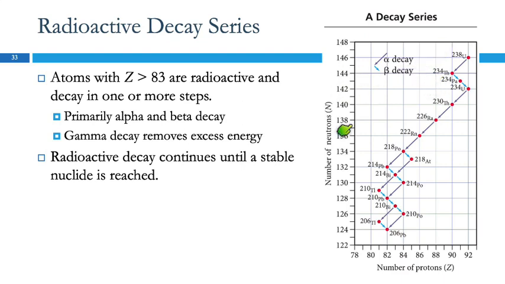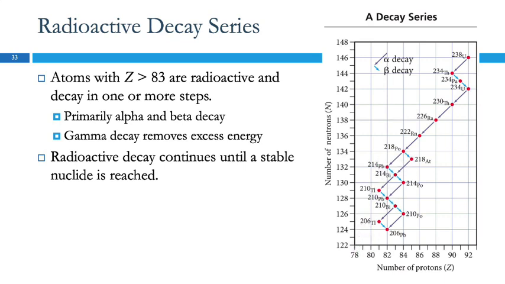And we can see how this is affecting that N to Z ratio. So we're moving in this direction. And we're not going to get stable until we get to 83 or smaller. So sometimes we'll have alpha decay, sometimes beta decay. Here's a series of different alpha decay, and then we could go multiple ways here.